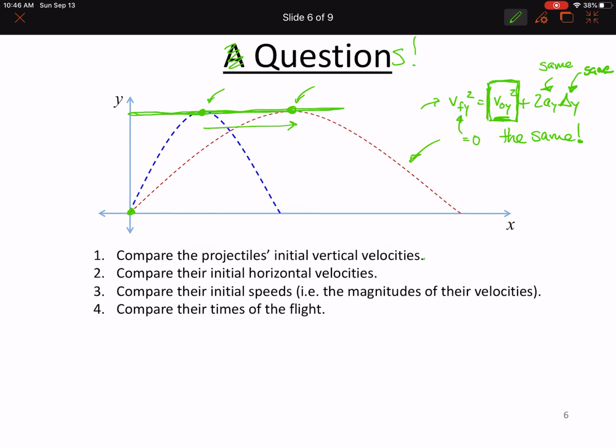And that's how you do the comparison. Really trying to drive home the idea that you can decouple the vertical motion of these projectiles from their horizontal motion. So the comparison here is that they are the same.